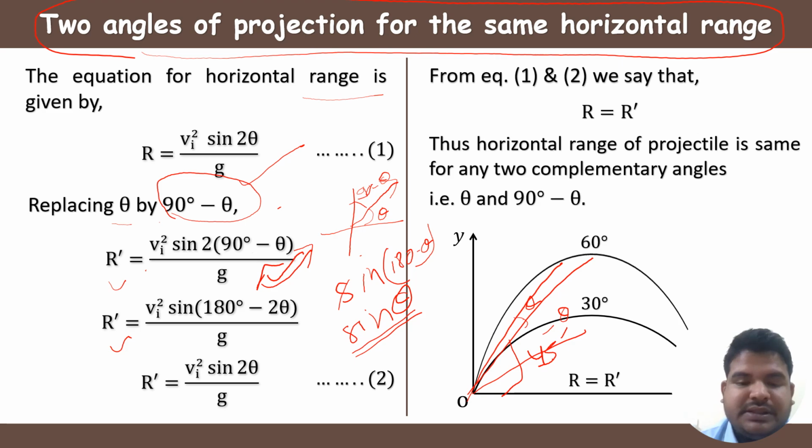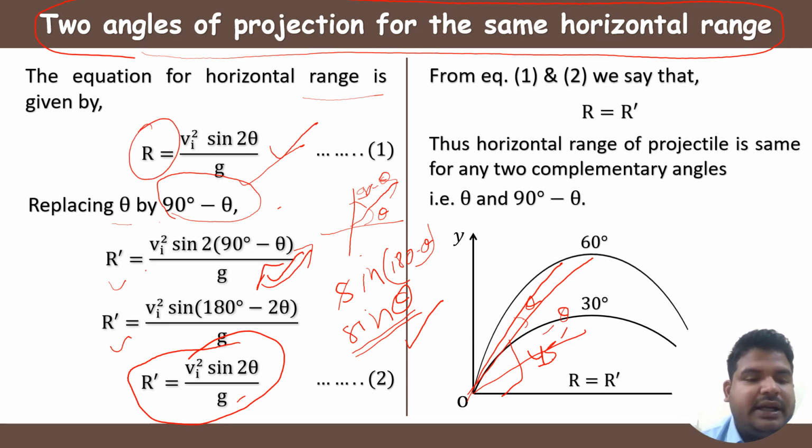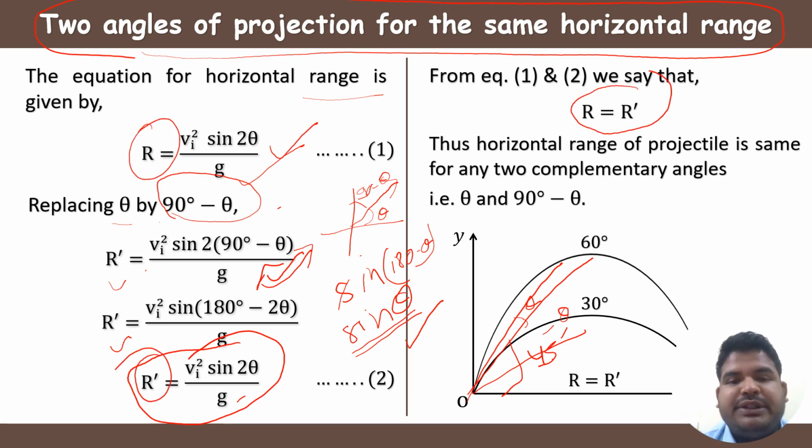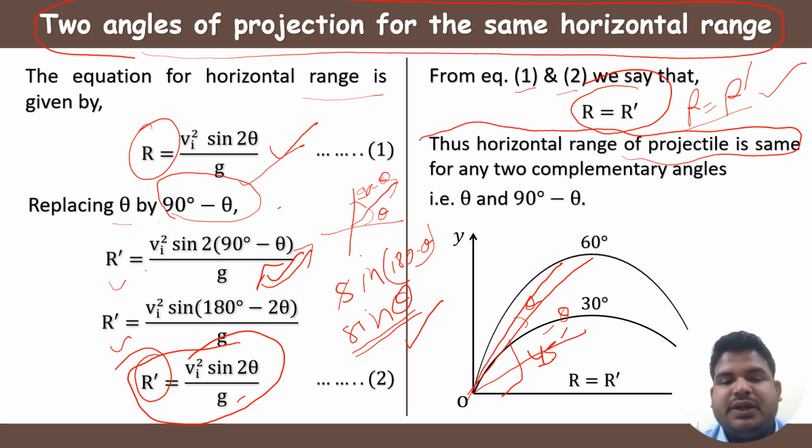There is no difference in the value. Therefore, R dash becomes v square sin 2 theta upon g, and this is equal to R. As I have mentioned here, the first and second equations are the same. R is equal to R dash. The horizontal range of a projectile is the same for any two complementary angles, theta and 90 minus theta.